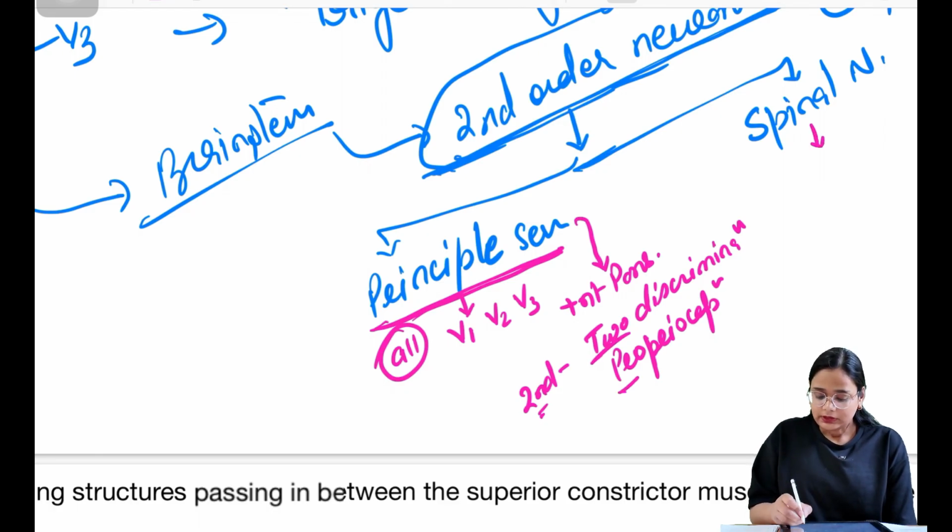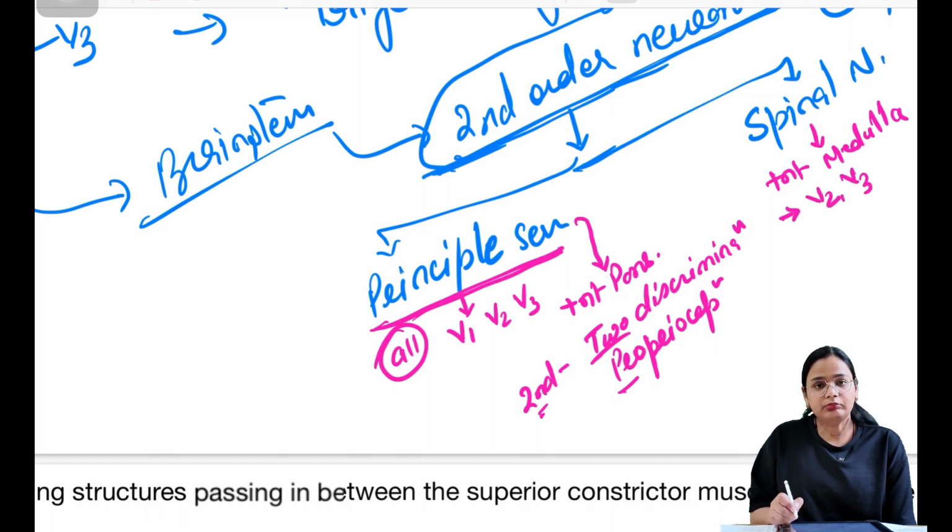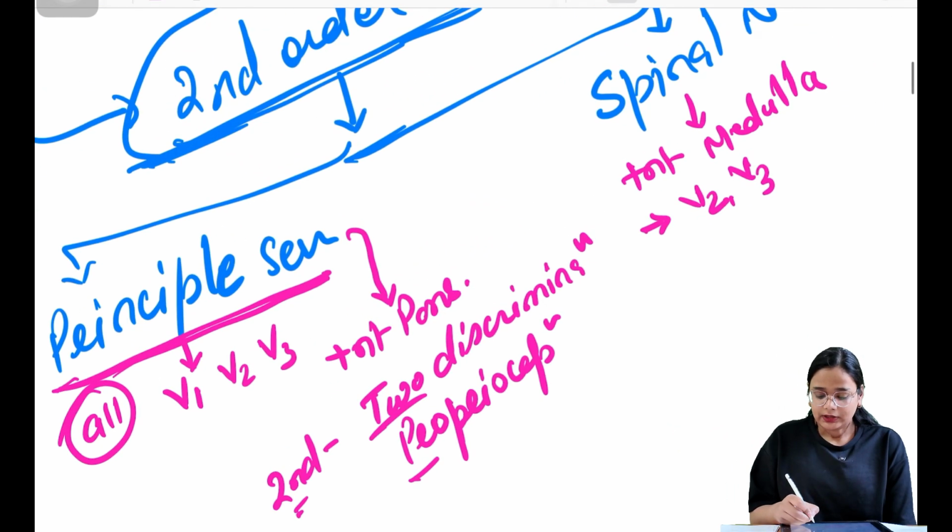The spinal nucleus is mainly present in the medulla. It receives fibers from V2 and V3, the maxillary and mandibular parts of the trigeminal nerve, and it has second order neurons for pain and temperature.